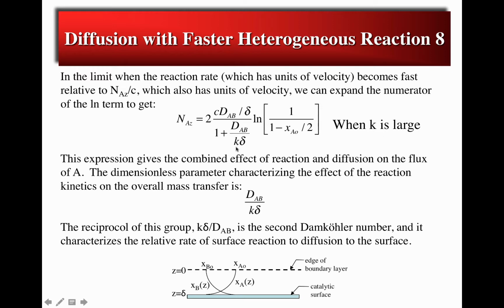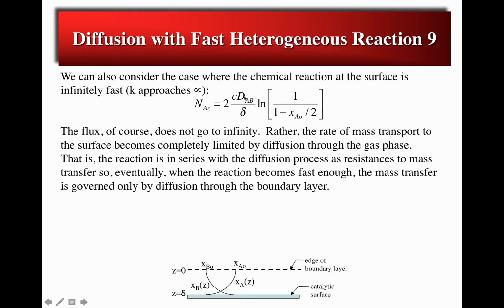And in this case, when K goes to infinity, the term here on the bottom goes to 0, and we're left with the result that is shown here. And what this shows is that just because the surface reaction is infinitely fast doesn't mean that the flux of A goes to infinity.